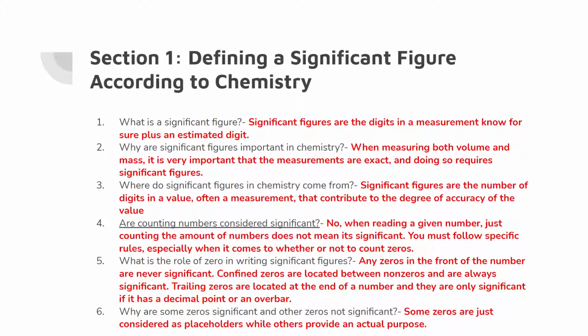Confined zeros that are located between non-zero digits are always significant. Trailing zeros are located at the end of a number, and they are only significant if it has a decimal point or an overbar. Some zeros are considered significant, while others aren't, because some zeros are just considered placeholders, while others provide an actual purpose.